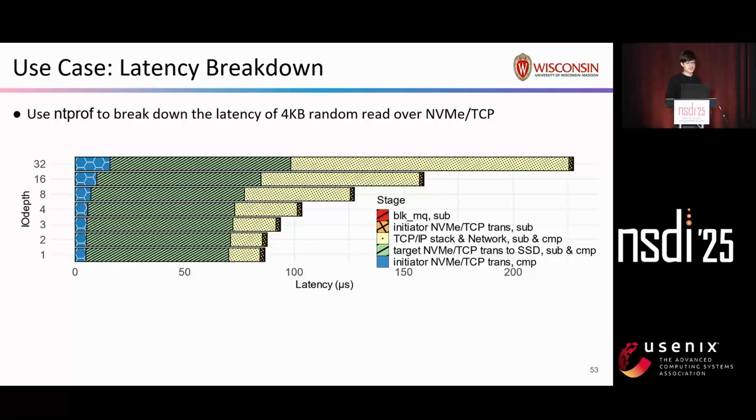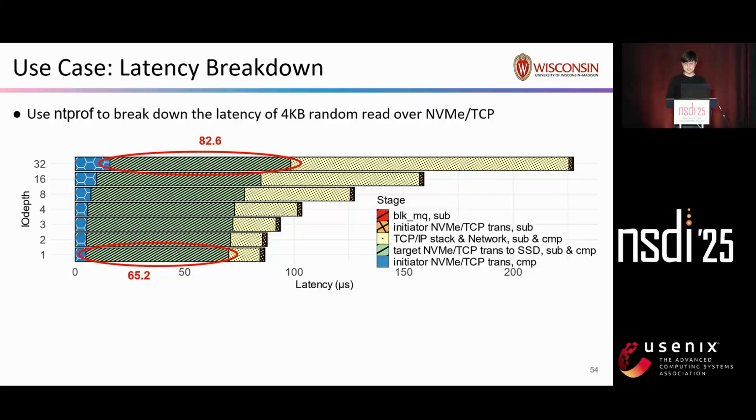In this use case, ntprof breaks down the latency of 4 kilobyte random read NVMe-over-TCP requests. As we can see, when we increase the FIO depth from 1 to 32, the end-to-end latency increased significantly. ntprof shows more details.